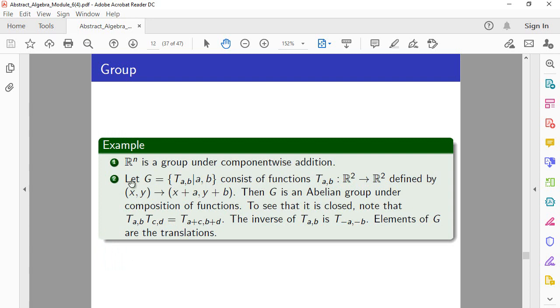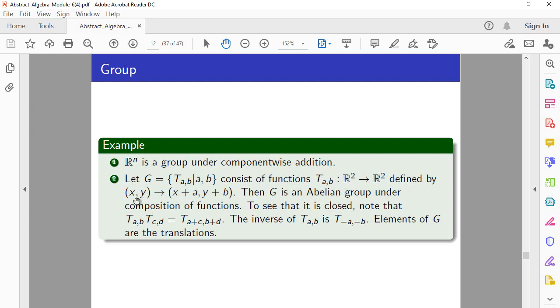If I look at R to the n, the set of all n-tuples, this is a group under component-wise addition. If I let G be the set of all T_ab, where a and b are real numbers, it consists of all functions T_ab from R2 to R2, defined by the following assignment.